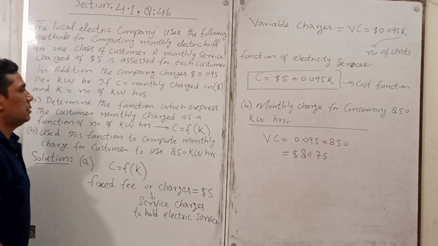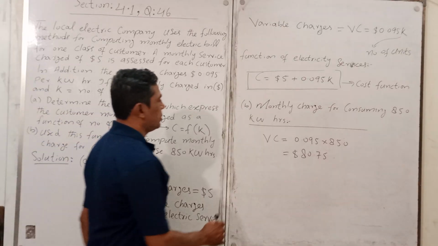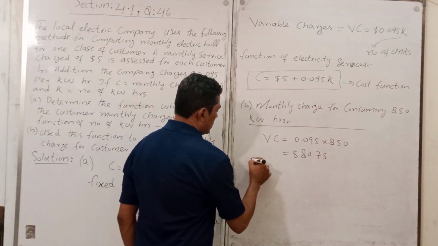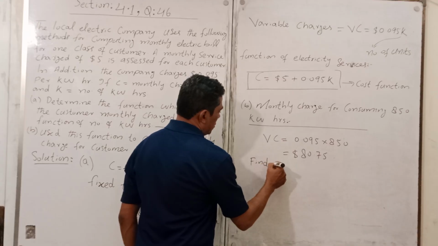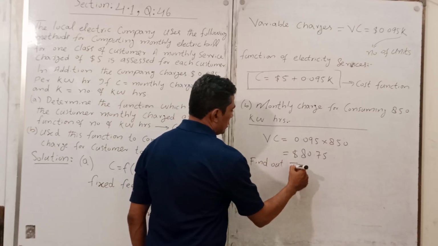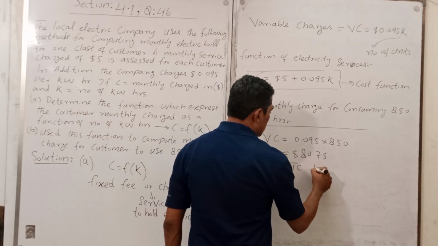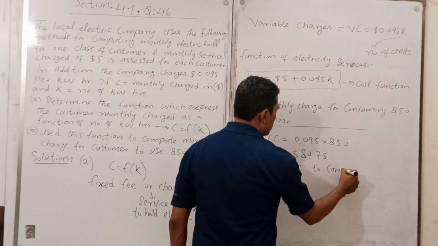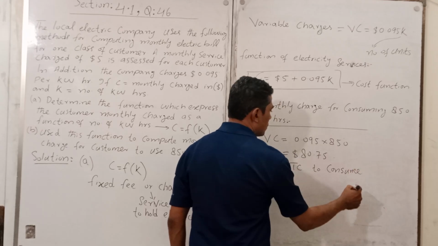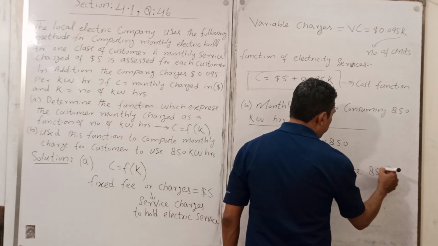And now find the total cost to consume 850 units.